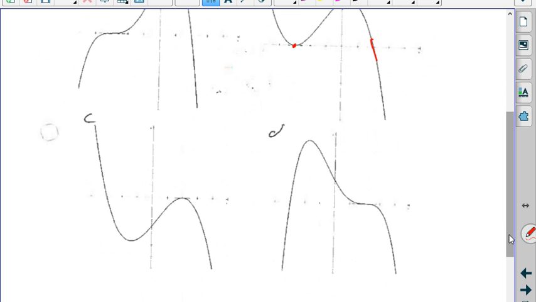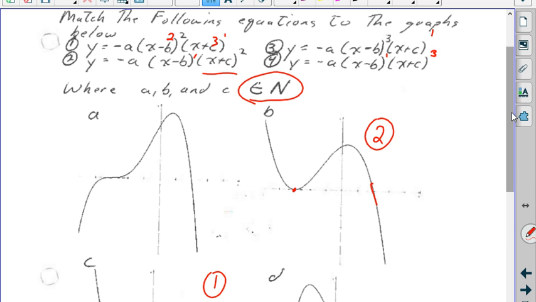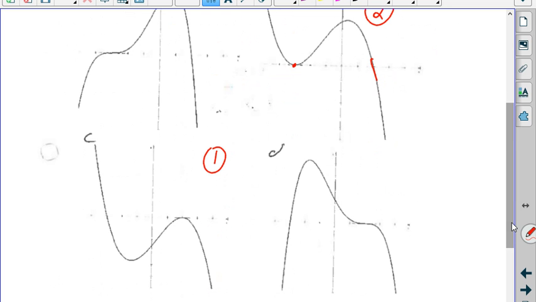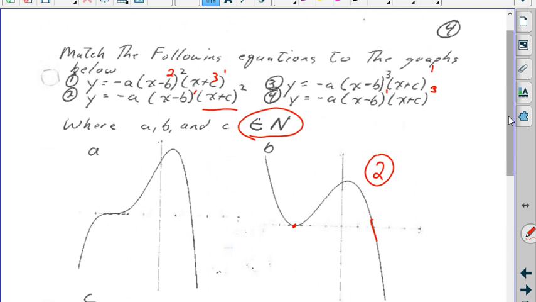This one down here, by the same process, or process of elimination, I guess, but here you have (x plus 3) to the power of 1. So on the left-hand side, you have it just crossing the axis. And this is (x minus b) at a point of tangency. So we're on the right-hand side of the y-axis. The same principle applies here.